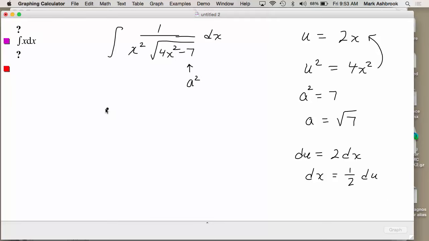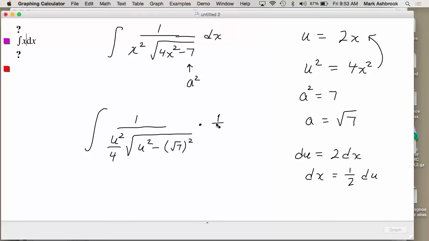So now we can rewrite this so that that's just u squared, and we can use the table. It's going to be 1 over, what is x squared? x squared is u squared over 4. What's 4x squared? That's our u squared. Minus square root of 7, we can write it this way, square root of 7 squared, and then times dx, which is 1/2 du.